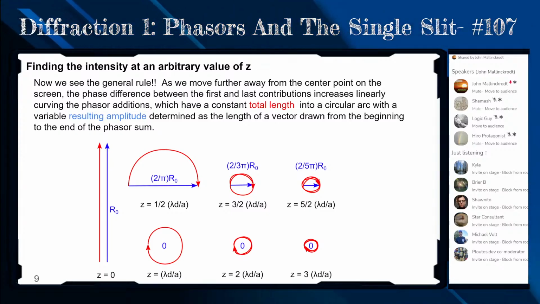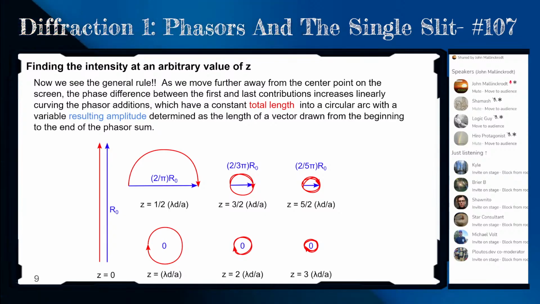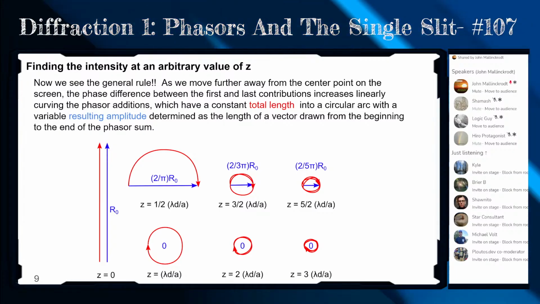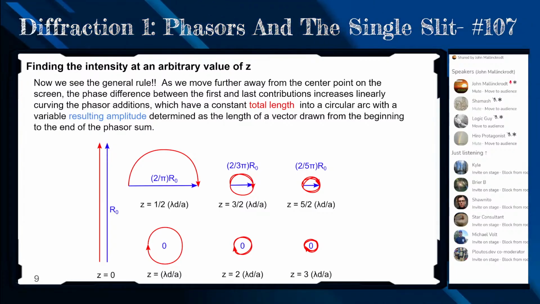So 2/3 of it is what's required to get around once. Then I can take that circumference and divide by pi to get the length of the resulting vector. So at this point, the length of the resulting vector is 2/3 pi times what it was at z equals 0.